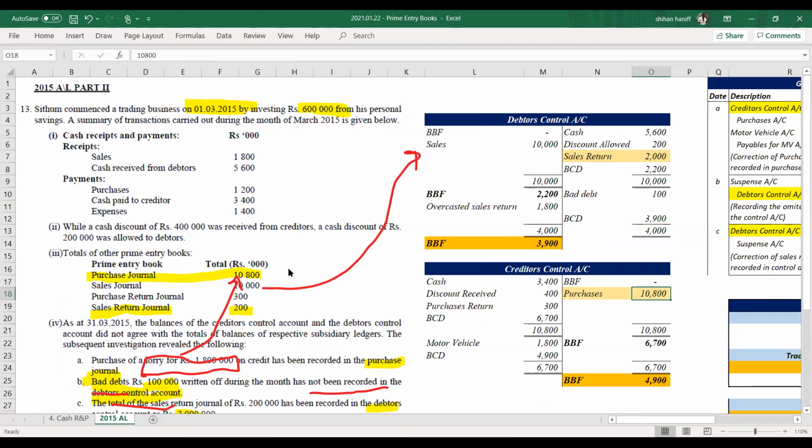So actual purchases is not 10,800. It should be 9,000. So that is why from this we deduct 1,800 debited. Then it becomes 9,000. That's why we have adjusted it. Right.